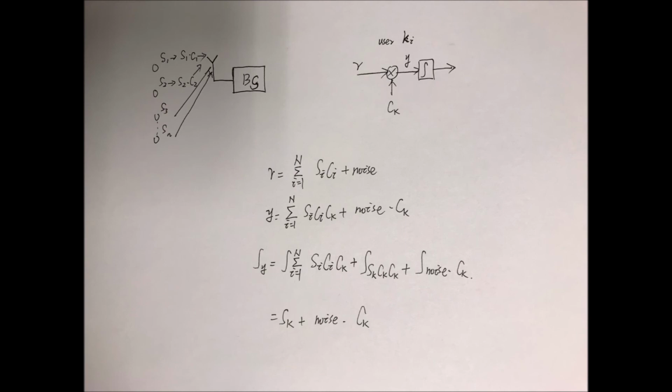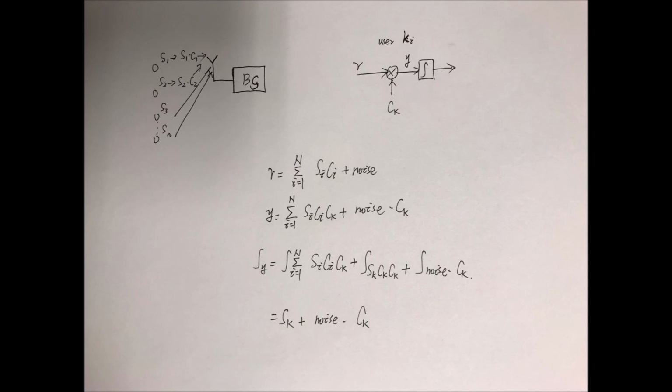Before I transmit my message, S1 will be multiplied by C1, S2 times C2, Sn times Cn. So when I transmit them simultaneously, sharing the same slot and same frequency, I'm going to get a superposition of everything.